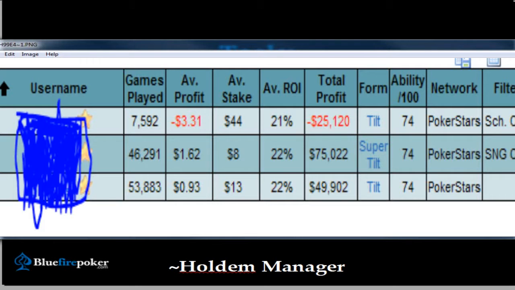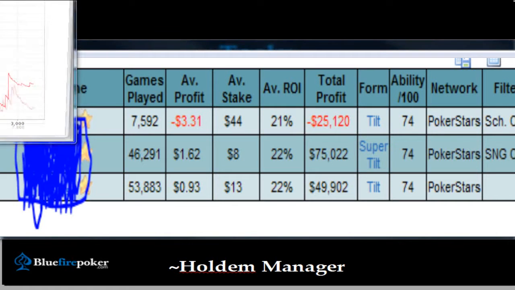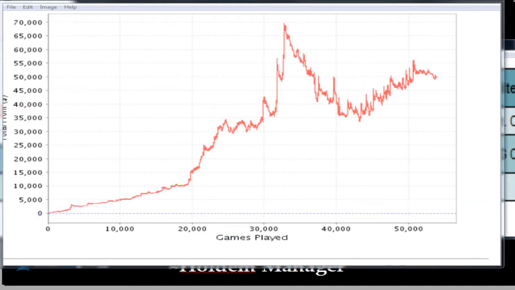So let's look at this player's graph on Seed and Go, and let's see how he plays. Let me find it. Bear with me for 1 second. I have it here. This is his overall graph.